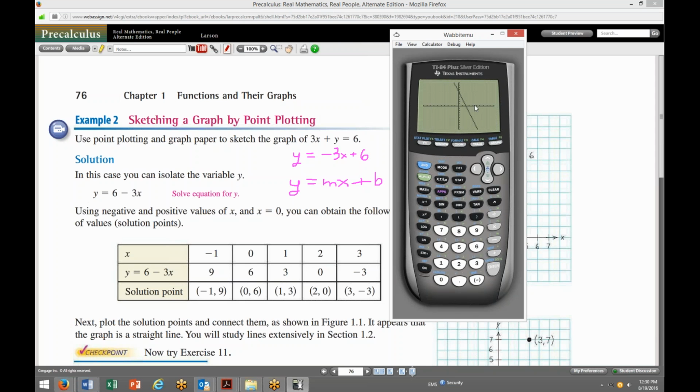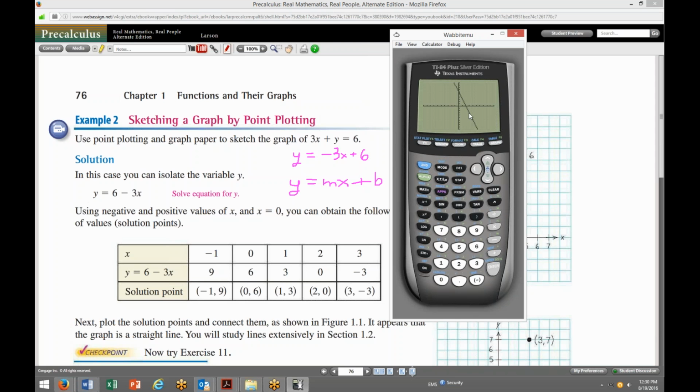And if I want to change the size or zoom in or out of this graph, I have to go to the zoom key or the window key and change the parameters of this display. You are quite able to do that, but I'm just reminding you of the amount of work involved, because I'm about to show you another way to graph this equation in Desmos.